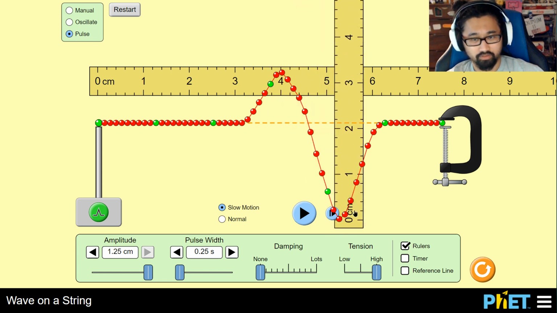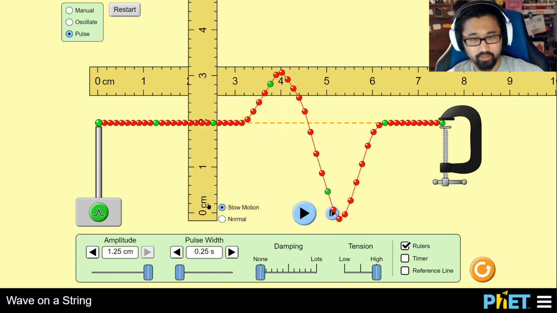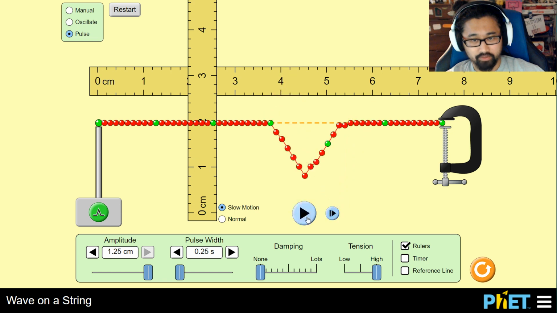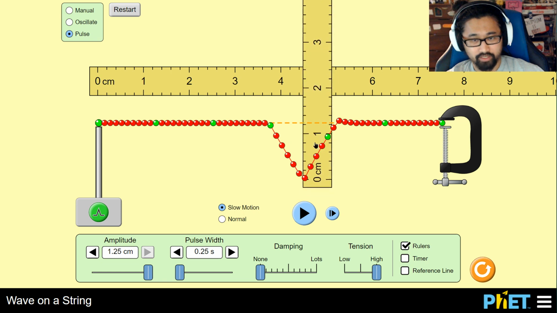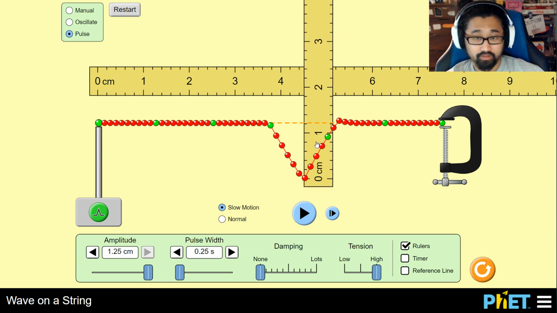This one is 2.25, or just a little over 2. Now what should happen is when they overlap, a little over 2 minus 1.25 is a little over 1. There it is. There's the overlap.